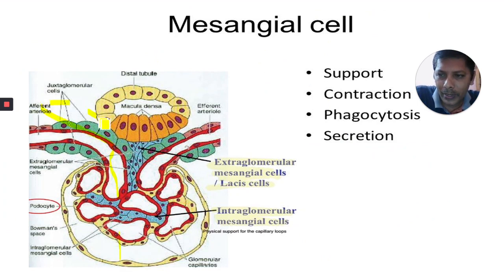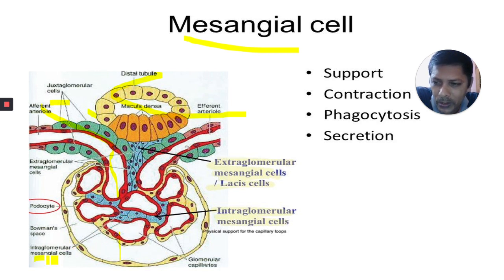Mesangial cells. What is the function of mesangial cells? You can observe here two types of mesangial cells, otherwise called Lacis cells: extraglomerular mesangial cells and intraglomerular mesangial cells. These are the capillaries of the glomerulus. Among these capillaries, you can observe the blue colored mesangial cells present within the glomerulus.